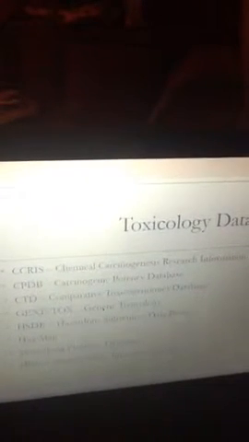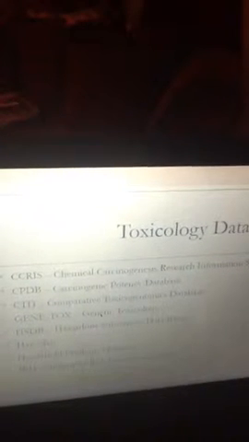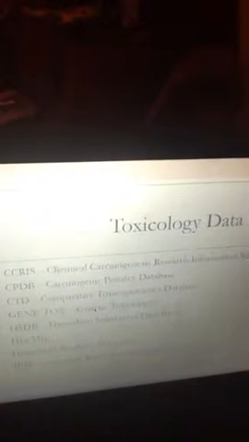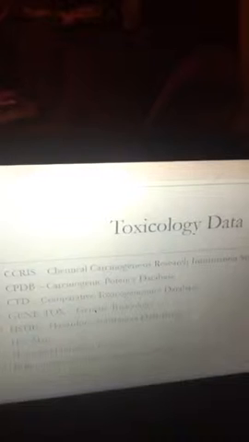And next we have IRIS, which is the Integrated Risk Information System. And this is a hazard identification and dose response assessment for over 500 chemicals. So this is IRIS.